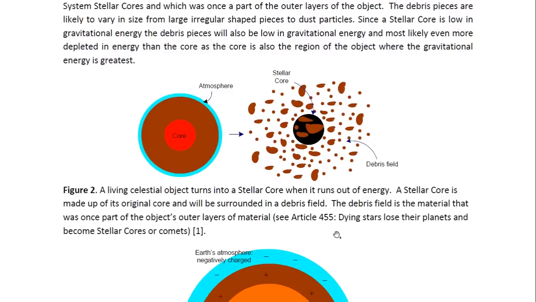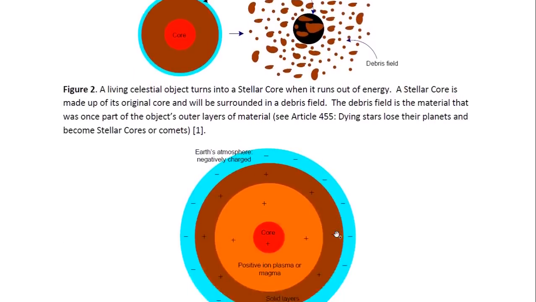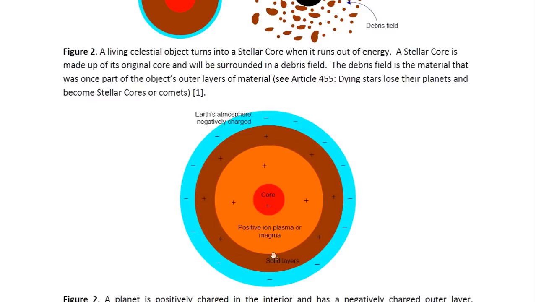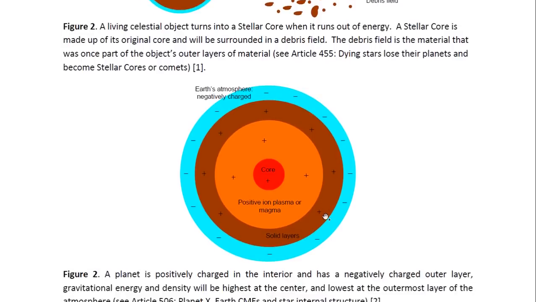Stellar Cores or Comets. Now, a planetary object, for example, the Earth, would therefore have the core. It then has a liquid layer, which is actually a positive ion plasma.